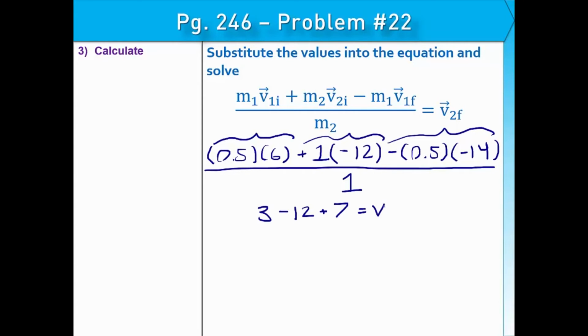That's equal to my V2 final. 3 minus 12, that's negative 9. Negative 9 plus 7, that gives me a negative 2. So we have negative 2 is equal to our final velocity. Remember the units for velocity? It's meters per second, so I'm going to put negative 2 meters per second as my V2 final.